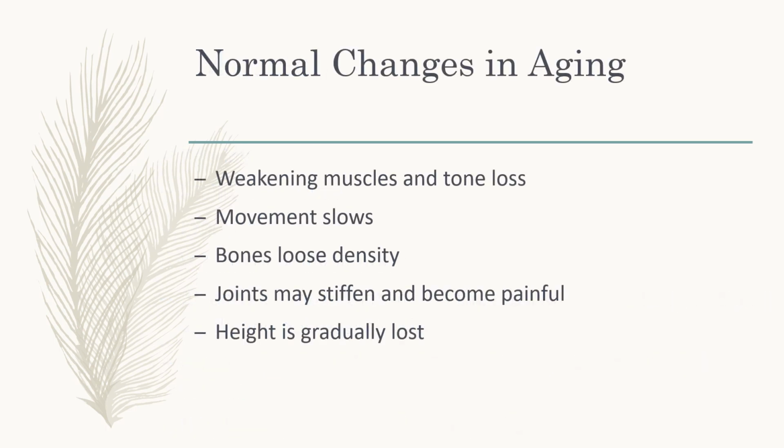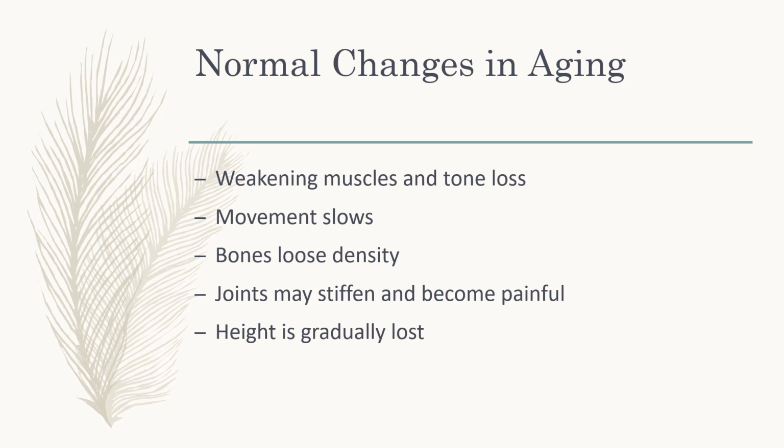Normal changes in aging would include weakening muscles and tone loss. Movement slows down, your bones lose density, joints may stiffen and become painful, and your height is gradually lost. So now you've got this person, and their muscles are weak, so they can't hold themselves up for very long.